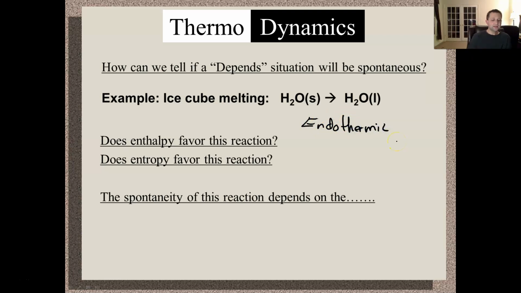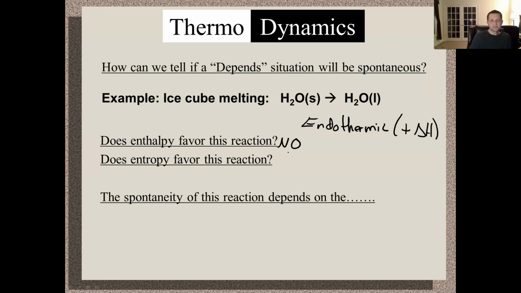Okay, this is an endothermic process, and an endothermic process is a positive delta H, which is not what we want for thermodynamic favorability in terms of enthalpy. All right. So if it was just based on enthalpy, this wouldn't happen naturally.